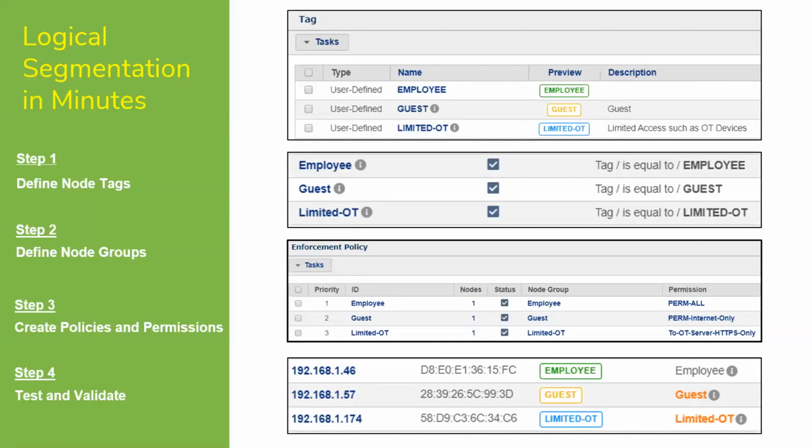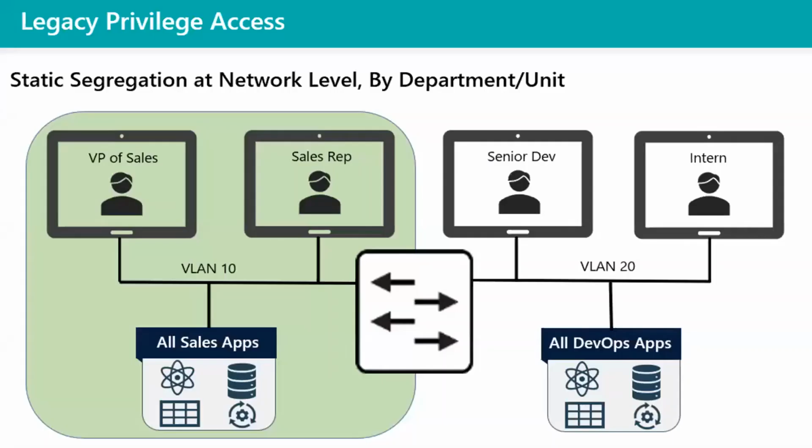Why is segmentation so important? The reason is if you look at legacy privilege access, you had static segregation at the network level. Basically, in a legacy network, everybody in sales would be on one VLAN and they would all have the same access.